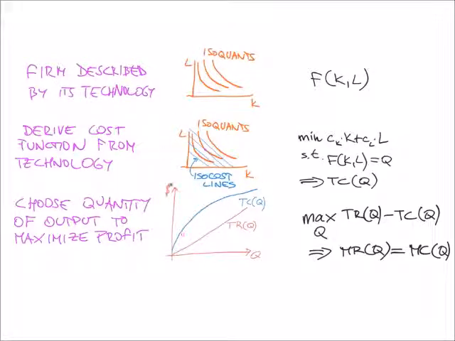Graphically, here's how we did it. We haven't graphed the cost function yet, but you'll read about it in the book, and we'll do it also tomorrow and Thursday. Algebraically, we went from the production function to the cost function to the profit function.